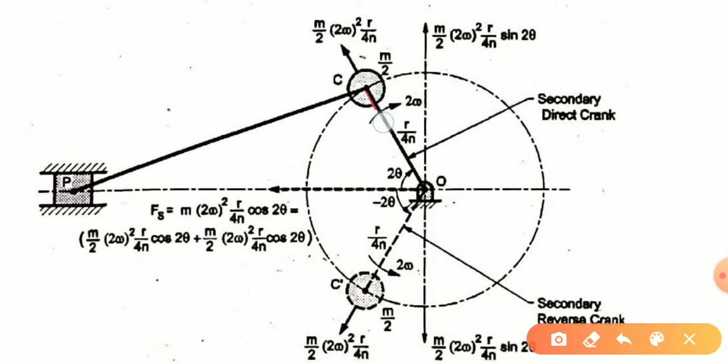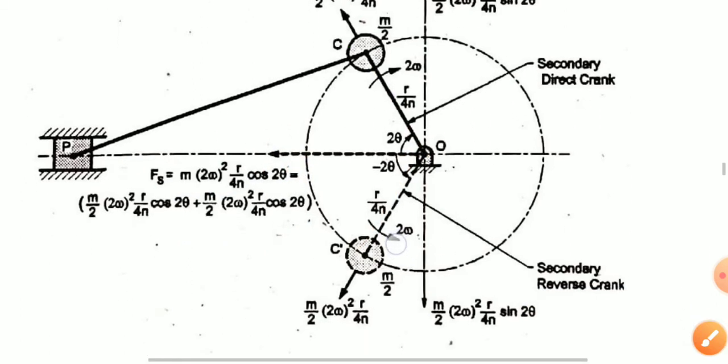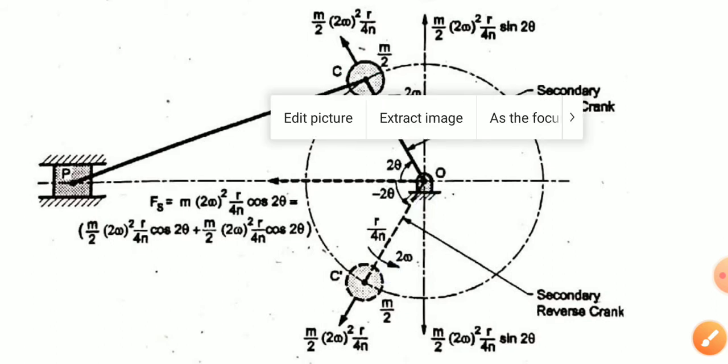If we take the horizontal component of this, it will be m by 2 omega square r by 4n cos 2 theta, and the horizontal component of the other will be the same. So we get the secondary unbalanced force, and the vertical components act in opposite directions.